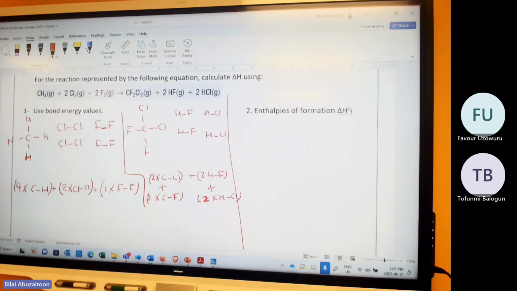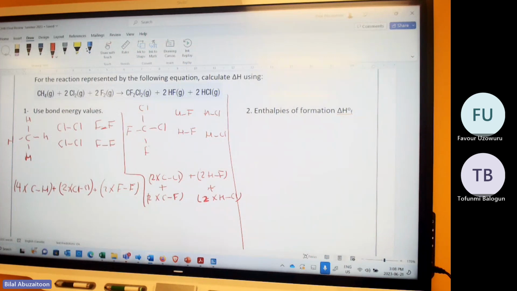I should fix this and print it out tomorrow. Now, page 8, average bond energies. Here is the table.